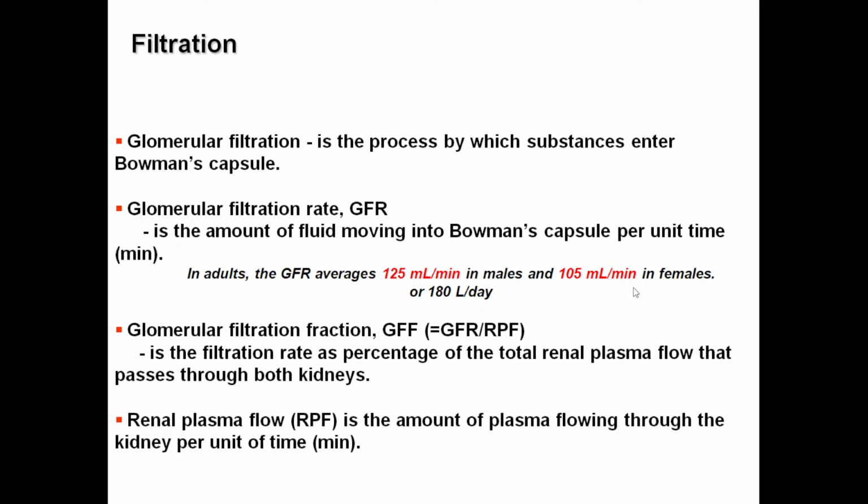And here you can see the normal values for males or females, or you can say that it ranges about 180 liters per day. So glomerular filtration rate is a controlled variable, and in most circumstances, it is kept fairly constant.